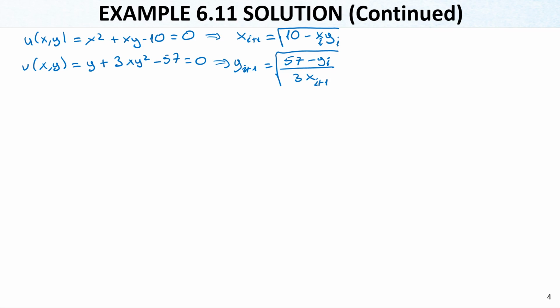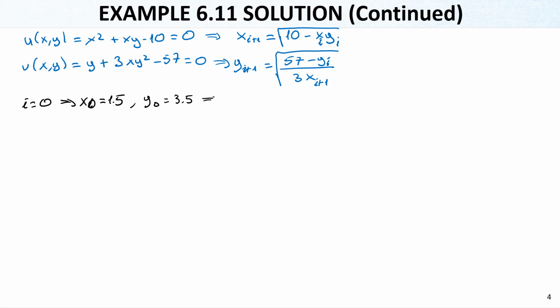Let's check. i equals 0, then xi is, as x0 is 1.5, the initial values, and y0 was 3.5 if I believe. Yes, y0 was guessed as 3.5.